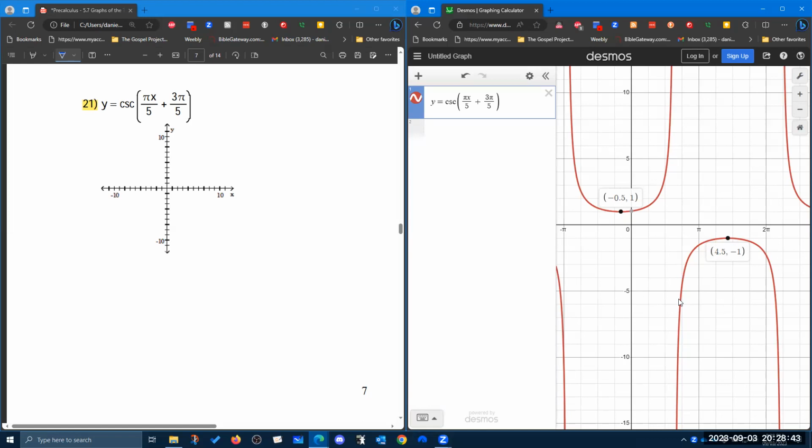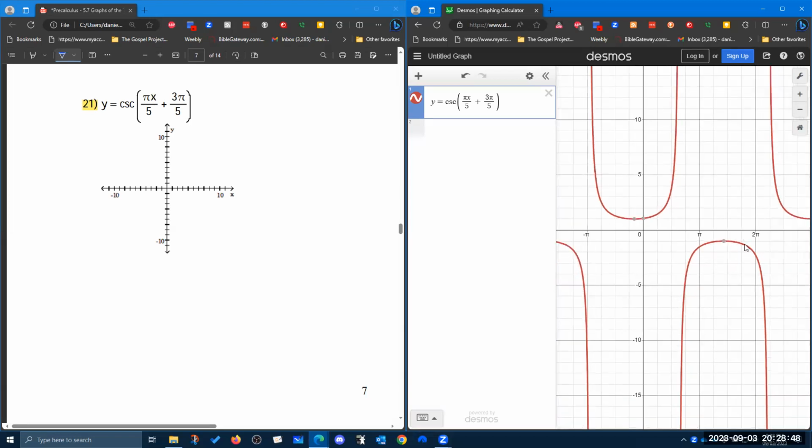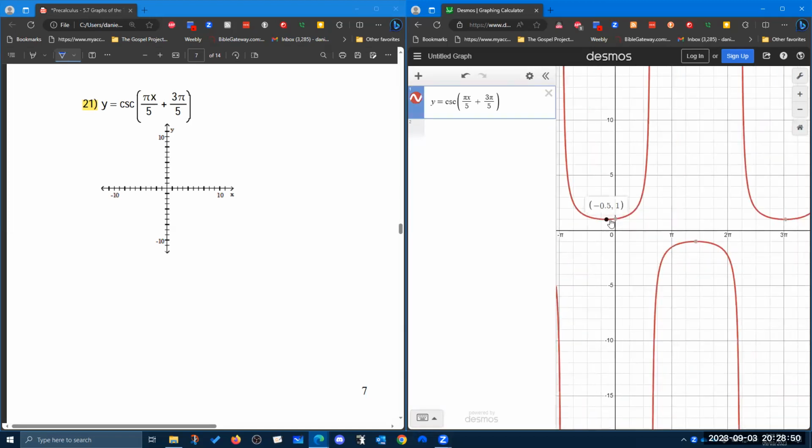And then there's going to be another asymptote at 7. So every 5 units, there's going to be an asymptote. So at 2, then 7, and negative 3, and so on are my vertical asymptotes here.